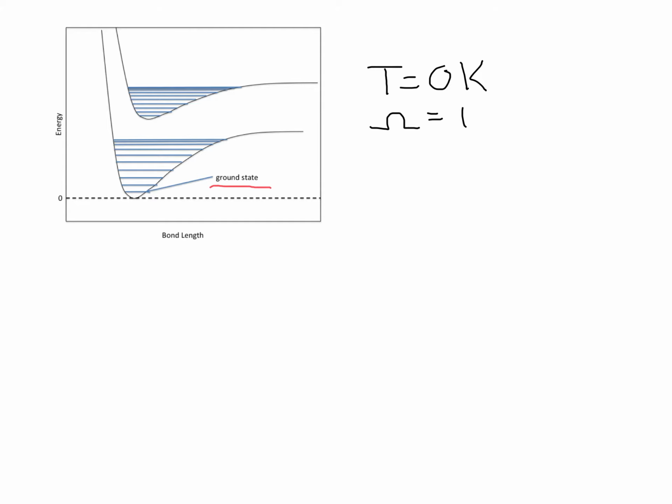All particles are in the ground state, and so the Boltzmann entropy is equal to 0 because the natural log of 1 is equal to 0.